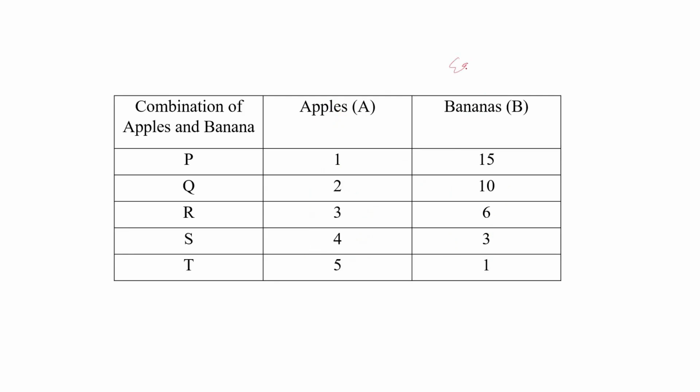If you are consuming 2 apples and you also increase your consumption of bananas, suppose to 16 units, that does not give you equal satisfaction as in the case of combination P. So if you want to achieve equal satisfaction from different combinations of commodities, then if you increase the consumption of the first commodity, you obviously have to decrease your consumption of the second commodity.